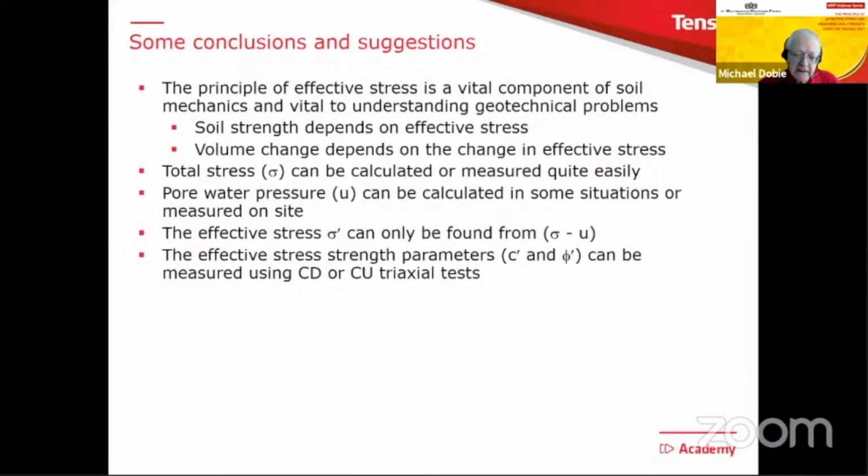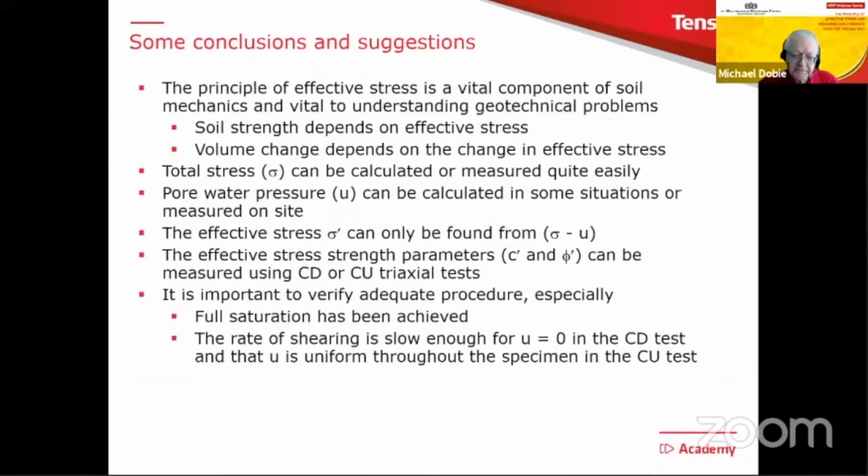And I said my preference would always be a CU triaxial test. One, because it's quicker and therefore probably cheaper. And also because you get that interesting information about the reaction of the pore pressure to undrained shearing, which is a really important part of understanding how the soil is likely to behave in your project.